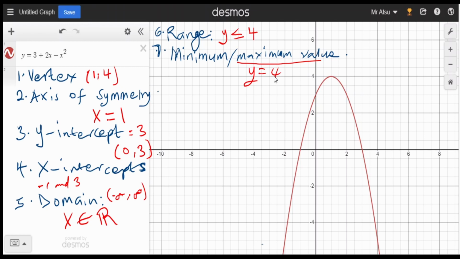For that matter, the maximum value is 4. But if it were a graph that opens upwards, then the lowest value is going to be at the vertex, and it is the same as the y coordinate of the vertex of the graph.